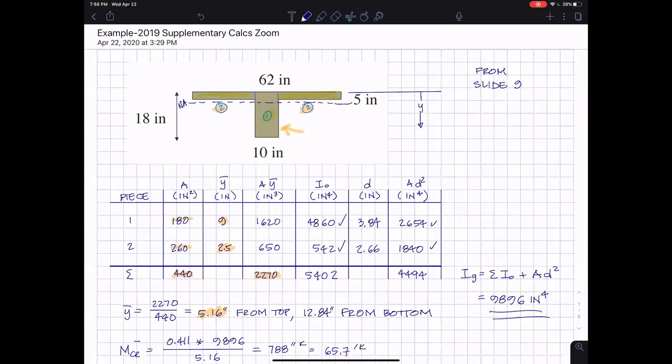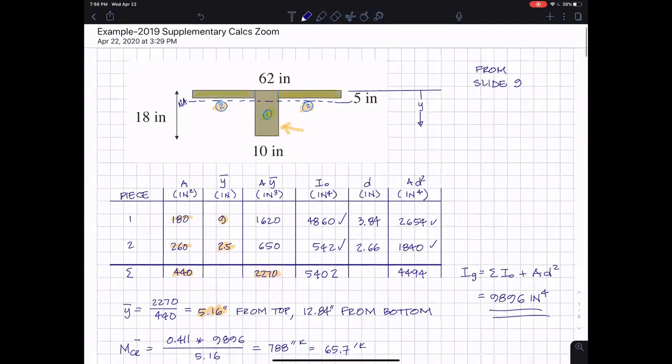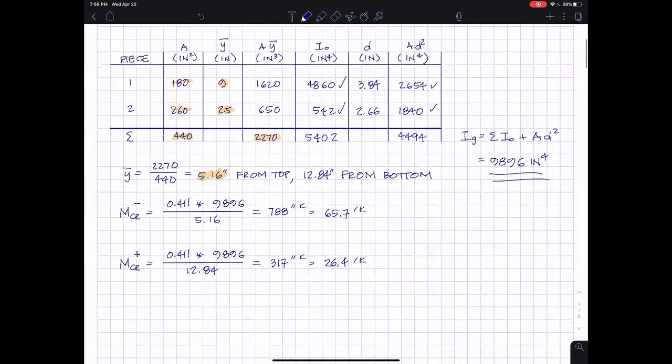The reason we need this gross moment of inertia is to get the effective moment of inertia, but we also use it to get the cracking moment. And the cracking moment just comes from stress is M y over I, when you solve that for M. And the stress is 7.5 square root F prime C, the tensile strength.